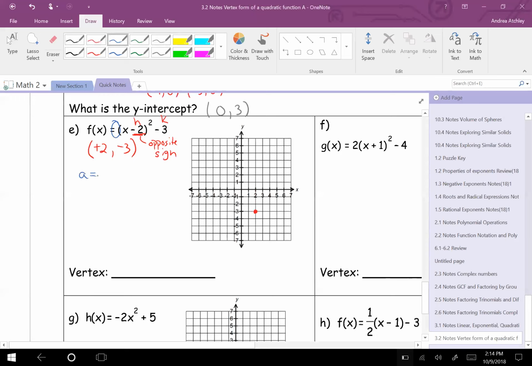What does a equal? Very good. If there's nothing in front, it's that 1. So a is 1. The axis of symmetry would just be x equals that 2. So we're going to graph the axis of symmetry to remind us that they should be symmetrical on both sides.